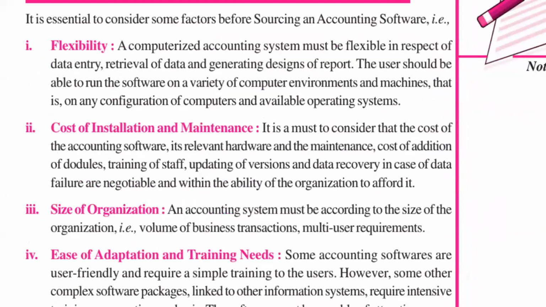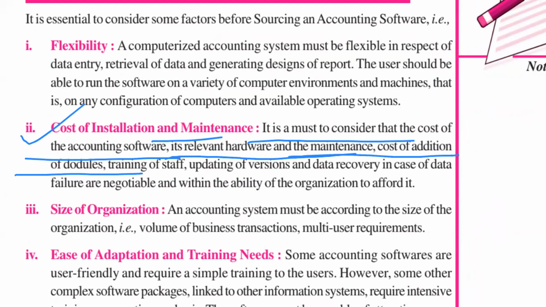Then cost of installation and maintenance. It must be considered: the cost of accounting software, its relevant hardware, maintenance cost, addition of tools, training to staff, updating versions and data recovery in case of data failure, all negotiable and within the ability of the organization to afford it.